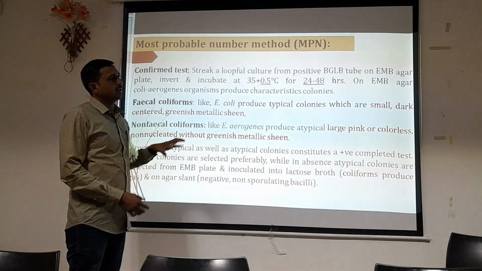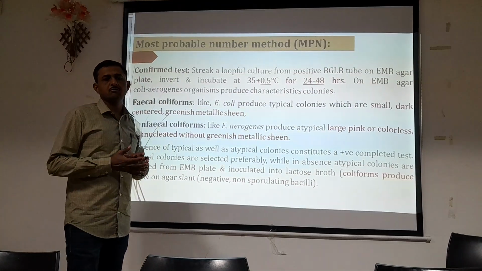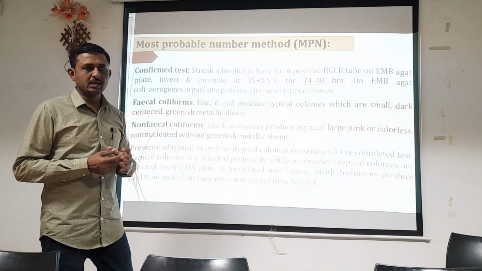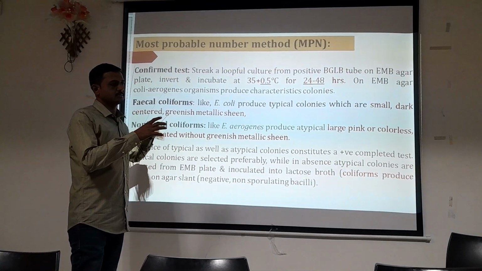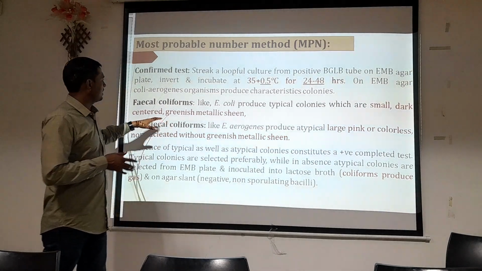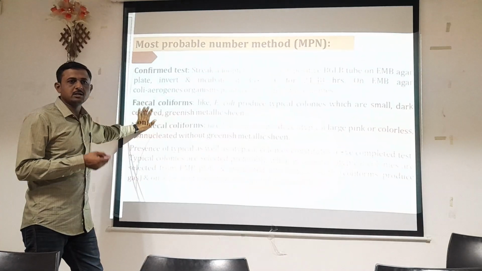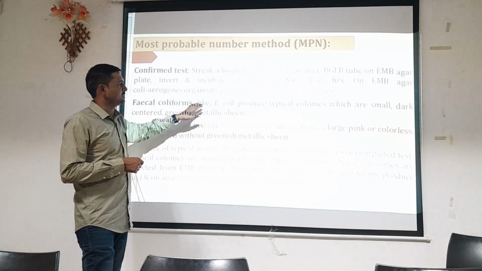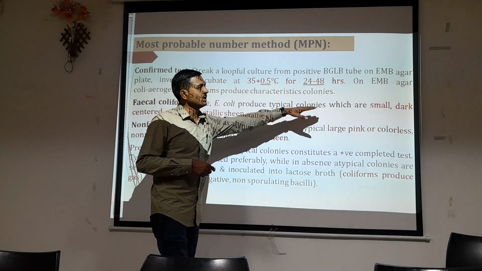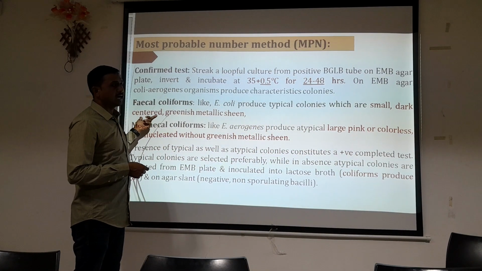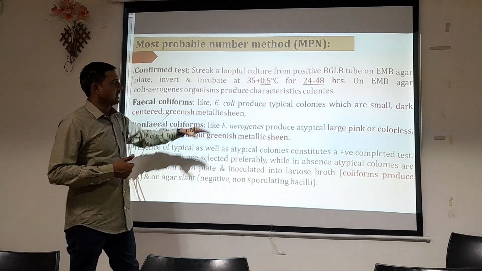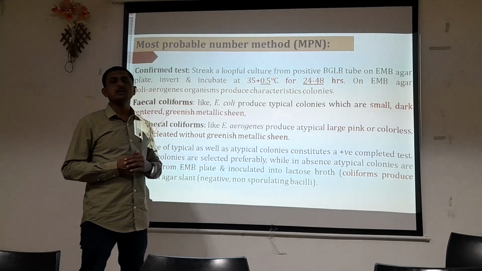On EMB agar, organisms which are fecal and non-fecal coliform show characteristic growth, differentiated on the basis of their colony characteristics. The representative organism of fecal coliform, E. coli, shows typical colonies which are small, with a dark center and greenish metallic sheen. EMB agar contains lactose.